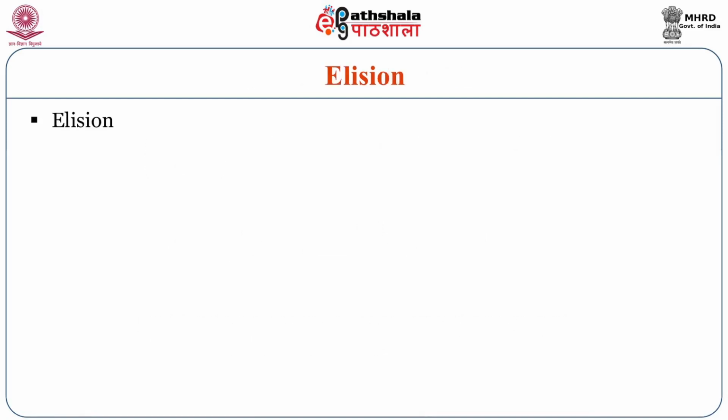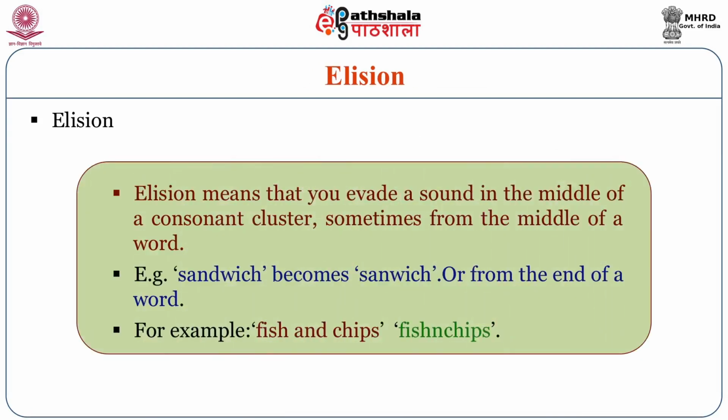Other than assimilation, there is elision. Elision means that you evade a sound in the middle of a consonant cluster. Sometimes from the middle of a word, like when we say sandwich, this D is just not there. So sandwich becomes 'sanwich'.